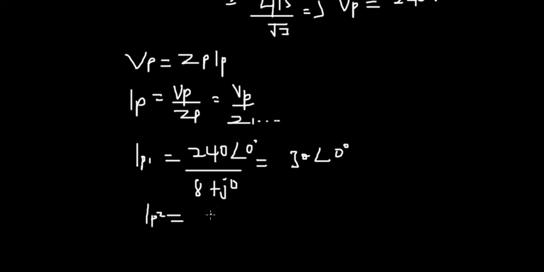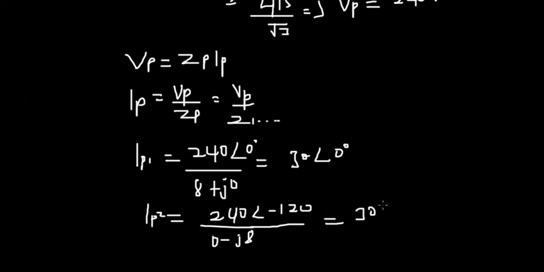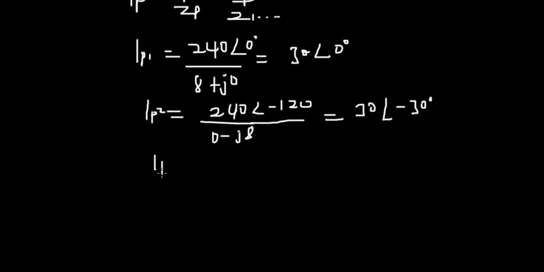We have 240 divided by 0 minus j8, so this is also 240 at an angle of minus 120 degrees. Let's compute this, and we end up with 30 and an angle of minus 30 degrees.